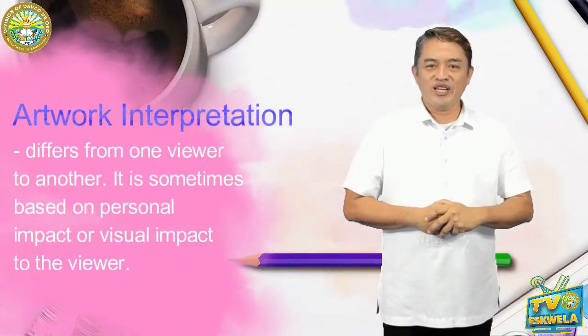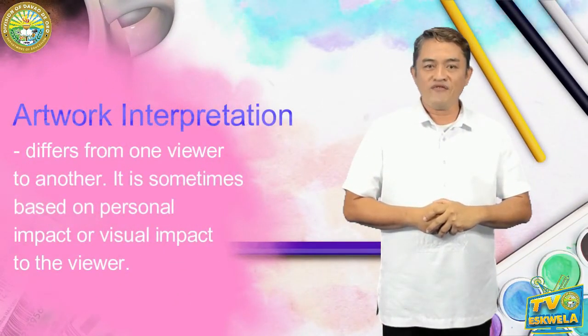Artwork interpretation differs from one viewer to another. It is sometimes based on personal impact or visual impact to the viewer. However, in this portion, you will learn to interpret an artwork based on the different elements and principles as they are applied in the artwork.